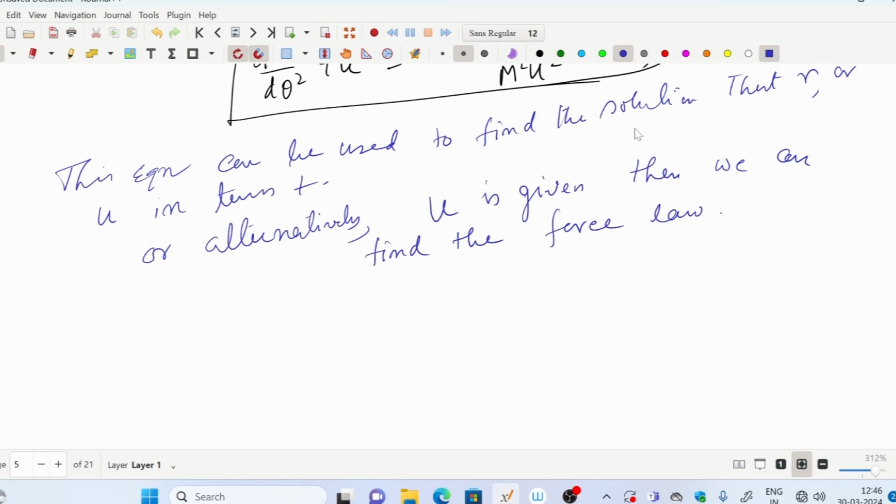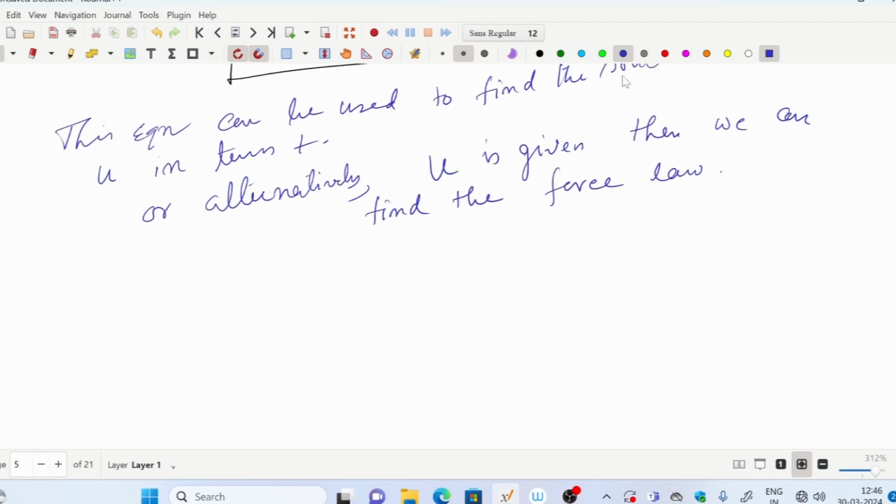So just to illustrate this equation, let us consider one problem. This is a very simple problem. So let me write the problem.